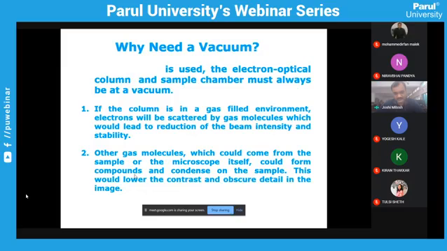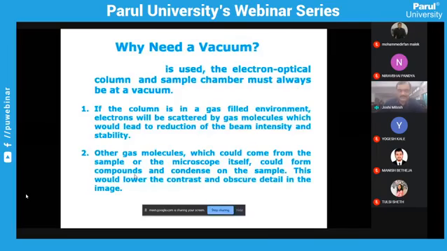If other gas molecules are present, then there will be contamination, there will be contrast problems, and details in the image will be obscured. So it is a must in the scanning electron microscope.